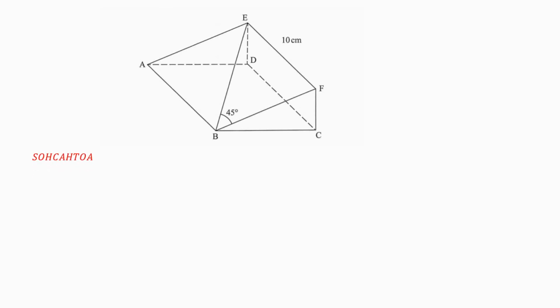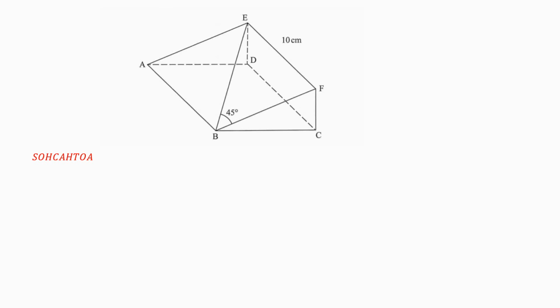And the functions can be abbreviated as SOHCAHTOA, that is in reference to the sine, which is opposite over hypotenuse, cosine, adjacent over hypotenuse, and tangent, which is opposite over adjacent. In our case, we've been given angle FBE and length EF.